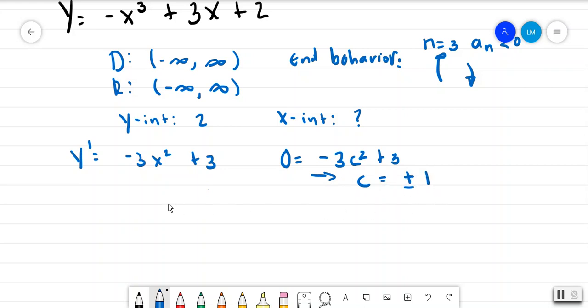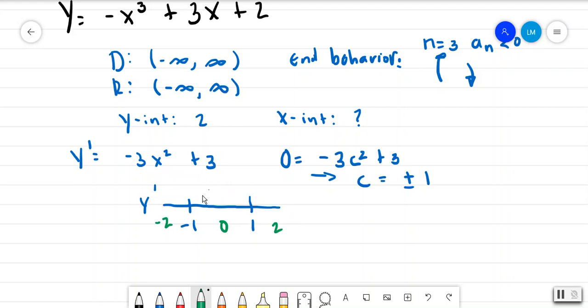Now we can figure out the levels of increasing and decreasing, because those are going to be our critical values. So we can plug in 0, we can plug in 2, and we can plug in negative 2 back into this equation.